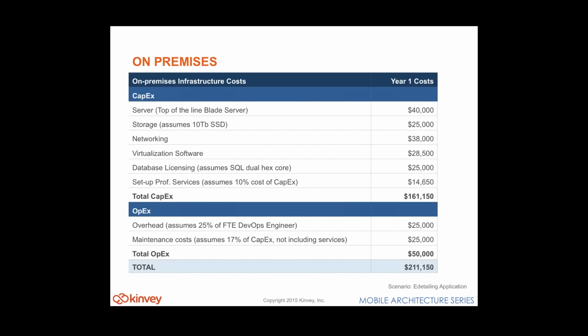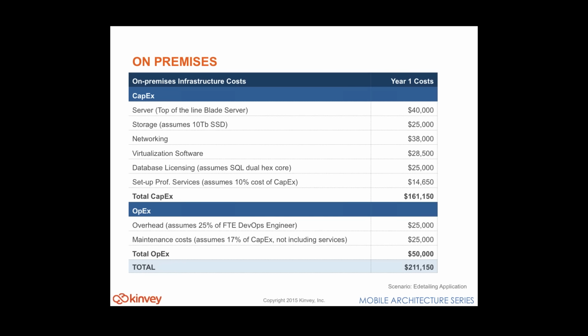Storage, assuming 10 terabytes, is around $25,000. There's these huge costs for networking, virtualization software, database licensing, and then there's a little bit of setup for your professional services as well, just to get those things up and running. And then your OpEx, assuming it's 25% of a full-time engineer, then that's assuming that there's that overhead of about $25,000.